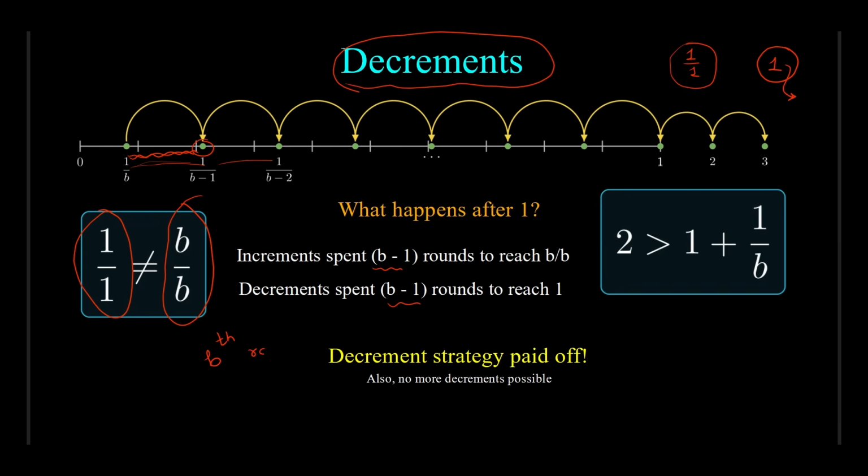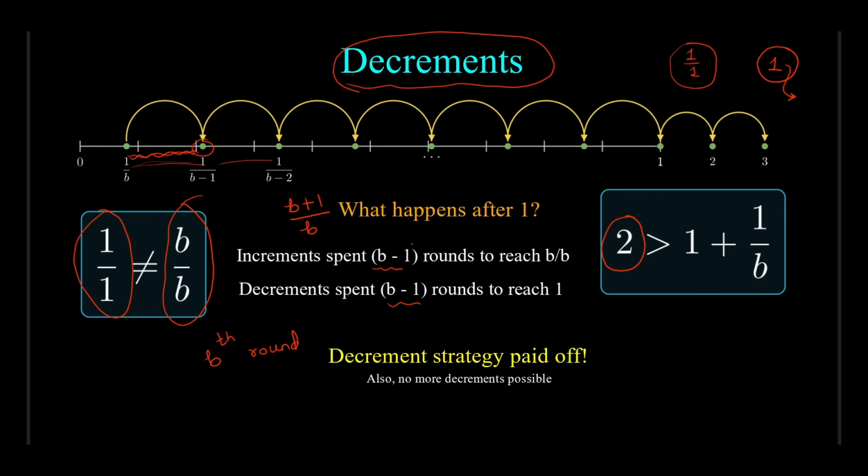From 1 you can transition to 2, but from b upon b, since you cannot simplify the fraction, you can only transition to b plus 1 upon b, which is equal to 1 plus 1 upon b. So 2 will always be strictly greater than 1 plus a fraction.